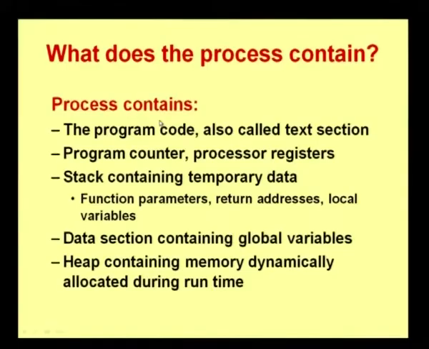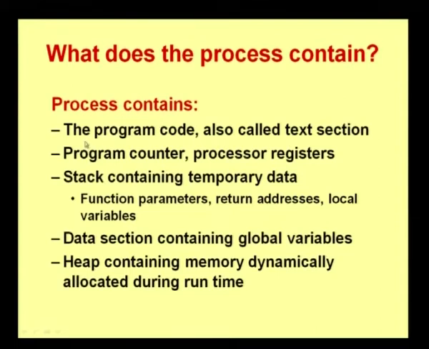A process is nothing but an execution of a program in a sequential fashion. In the execution of a program you have the program code, which is nothing but a text section. Under this we have a stack which stores the temporary values, and then a data section wherein all your data is stored.